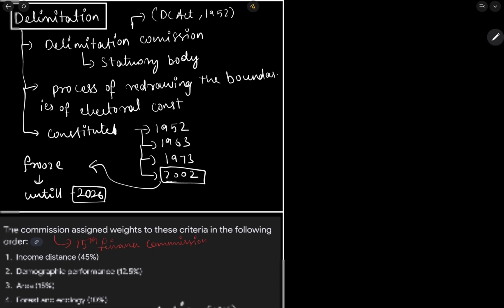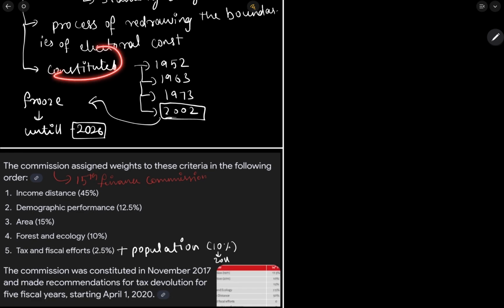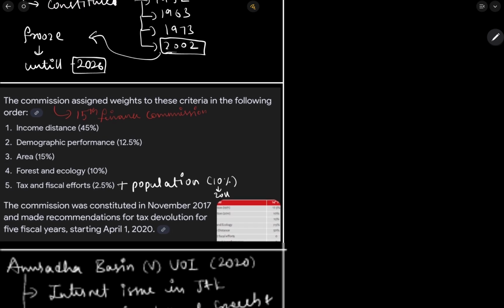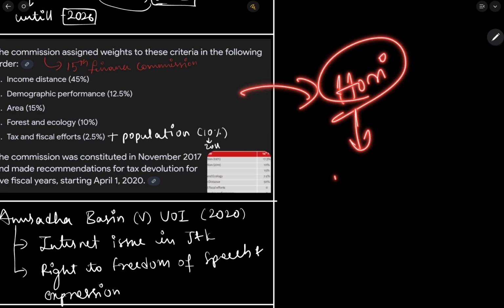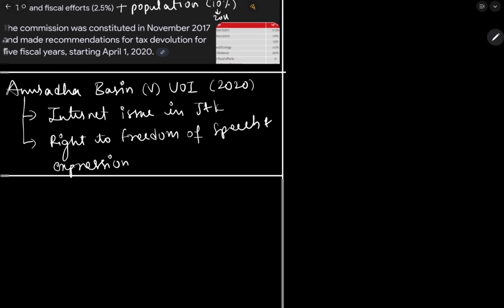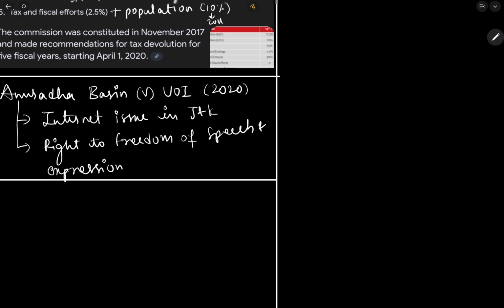Next, delimitation and the Delimitation Commission Act and how many times it has been constituted. And next we discussed the horizontal devolution of funds according to the 15th Finance Commission. Next we discussed Anuradha Bhasin versus Union of India, which is in the year 2020.